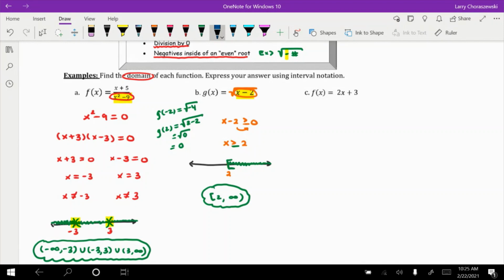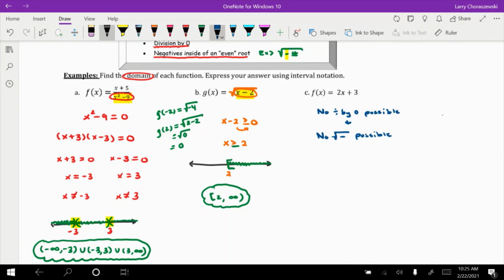Really, there's no fraction here unless we forced one. But there's also no radical symbol. So with an expression such as 2x plus 3, there's no division by 0 possible. And at the same time, there's no square root of a negative possible.